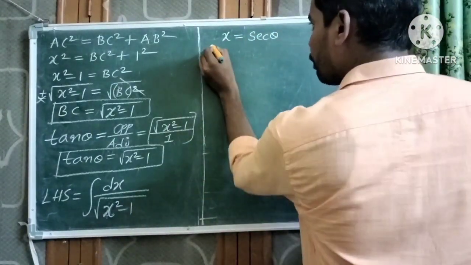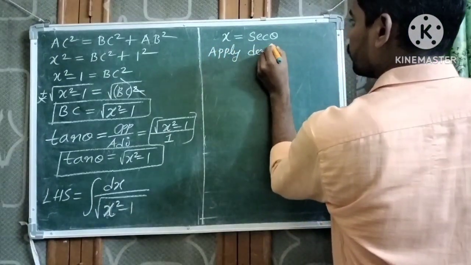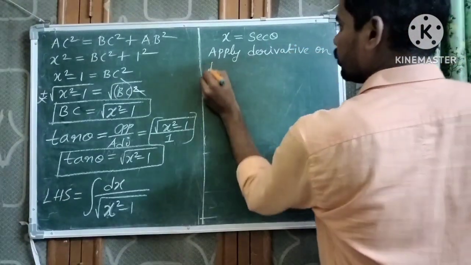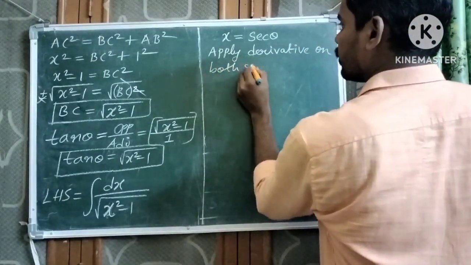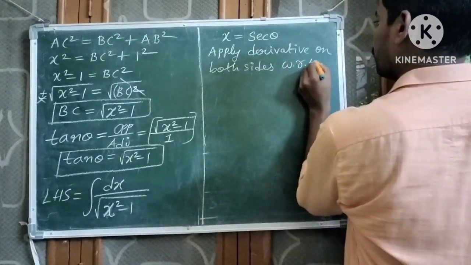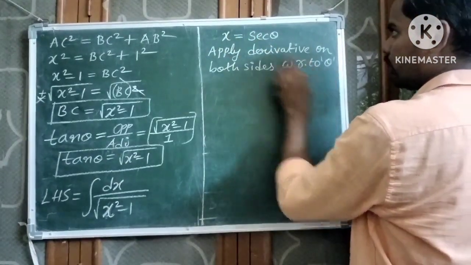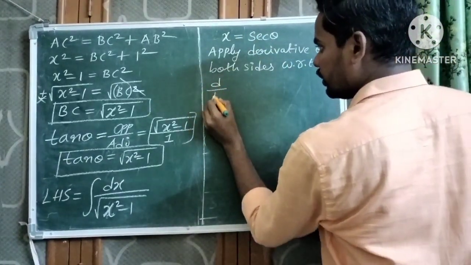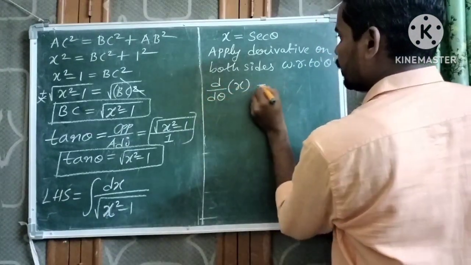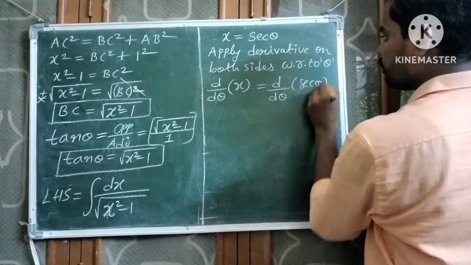Now apply derivative on both sides with respect to theta. Derivative of x with respect to theta is equal to derivative of secant theta with respect to theta.